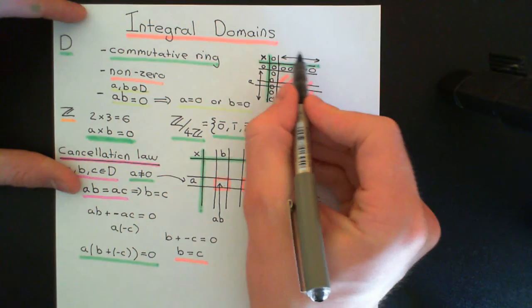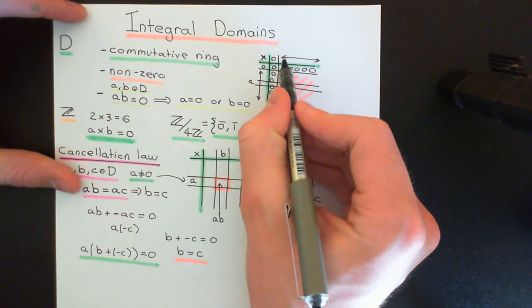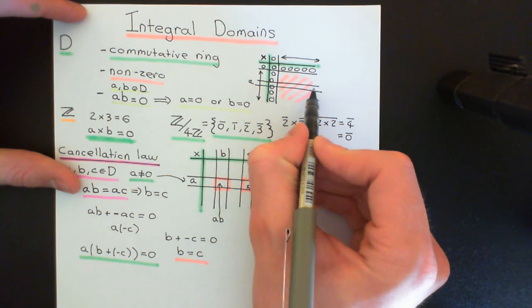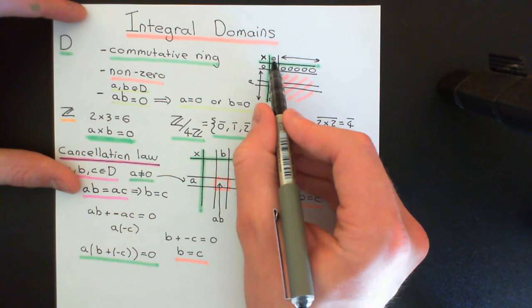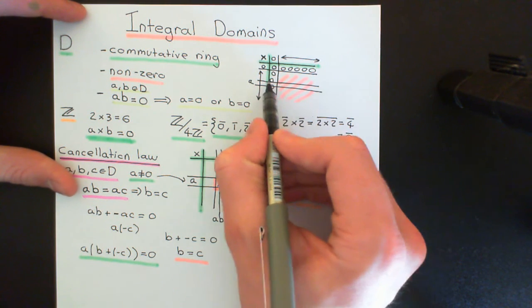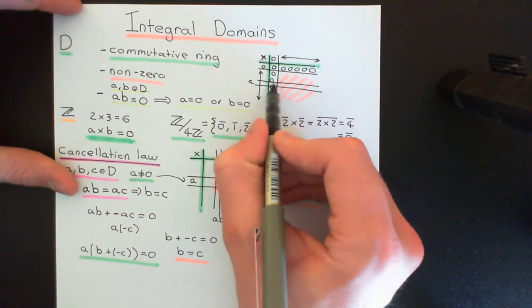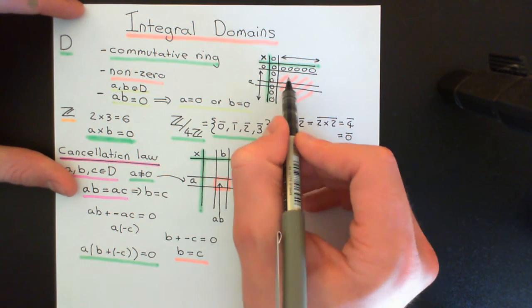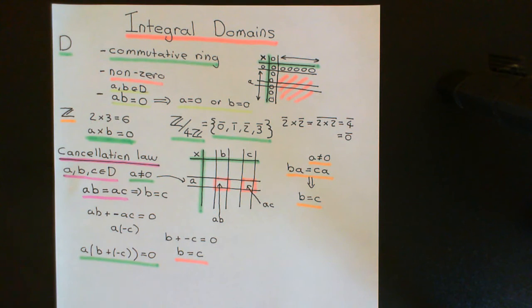Of course, if we're dealing with a finite integral domain, then it will be the case, because you've got a certain number of slots that you have to fill in this row. You're only allowed to use one element of the domain at once, so you're going to end up having to use every single element of the domain once. So indeed, in that case, every element of the domain appears once and only once in all of the rows corresponding to the non-zero elements.